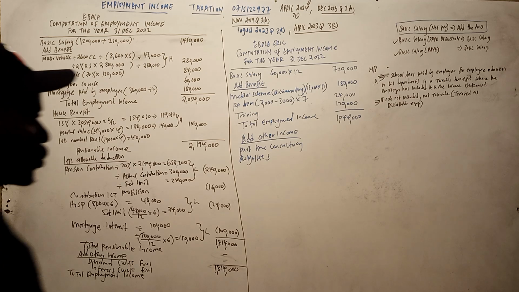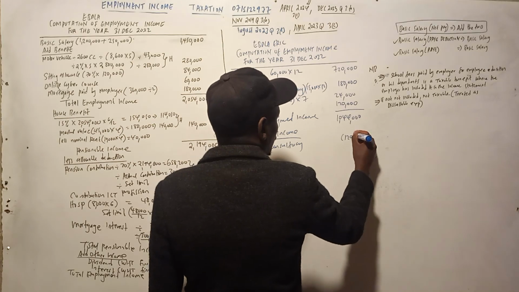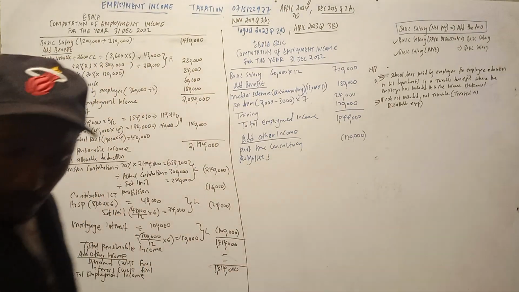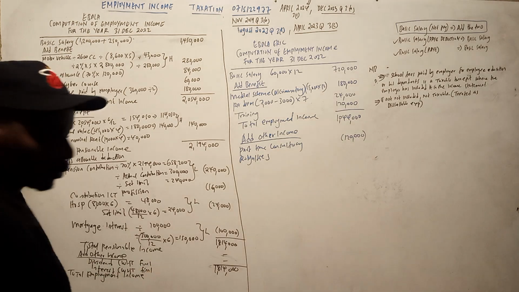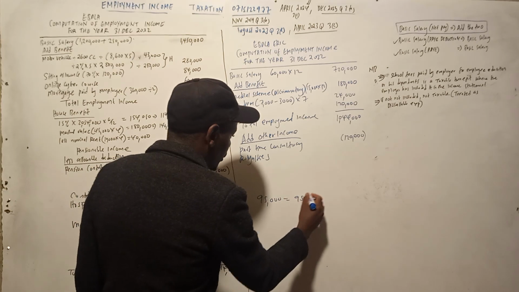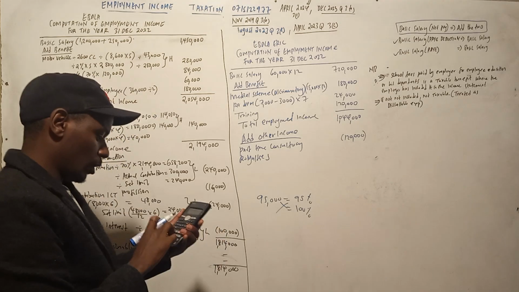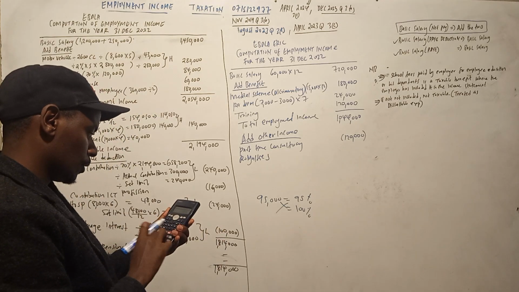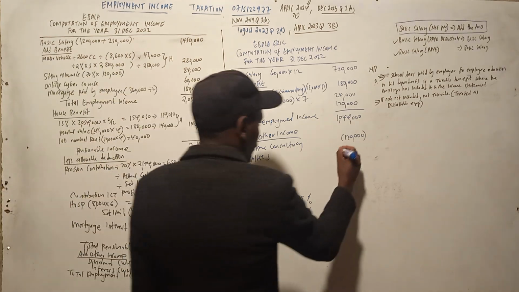So hii yake ilikuwa ni loss, so the gross amount was a loss. We're just going to add the loss. Then the royalties wametuambia ni net, so wametoa 5%, kumaanisha 95,000 is equal to 95%. What about 100%? 95,000 times 100 divided by 95 is 100,000.